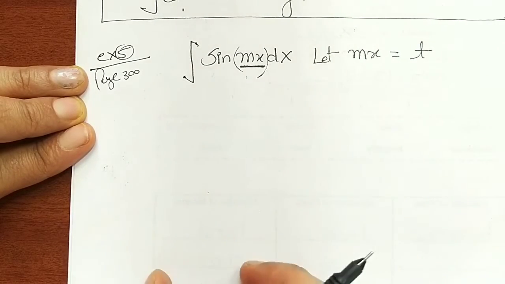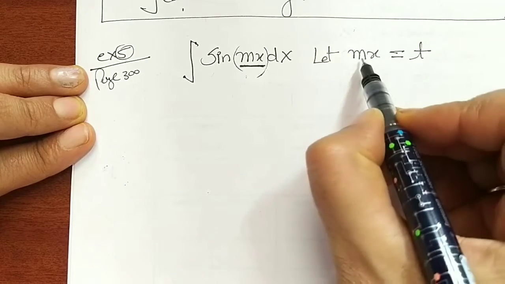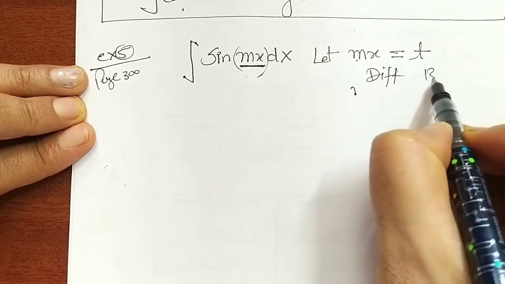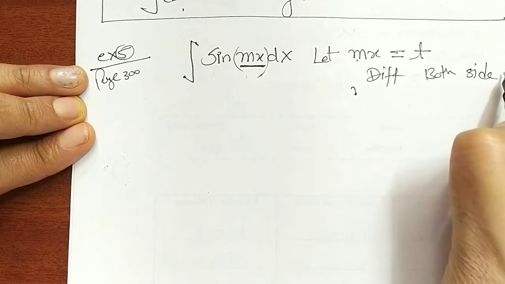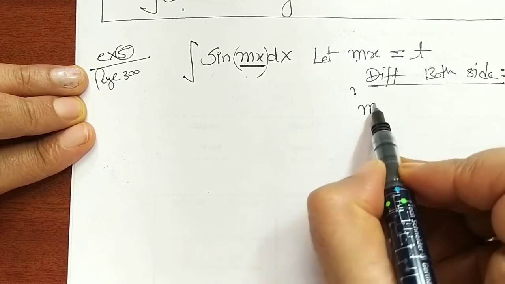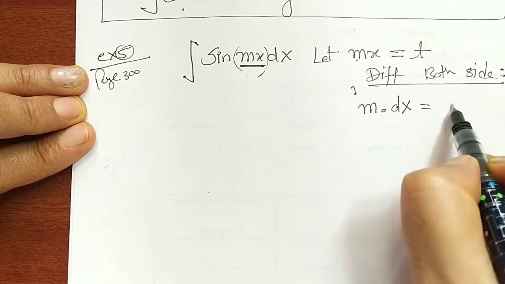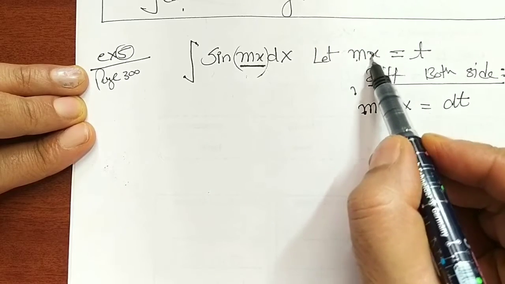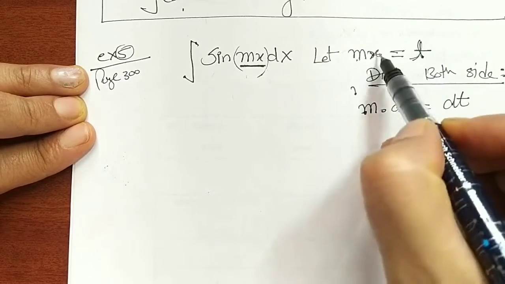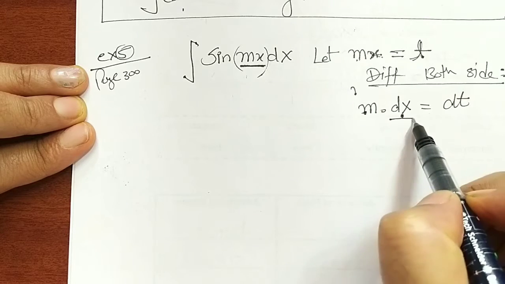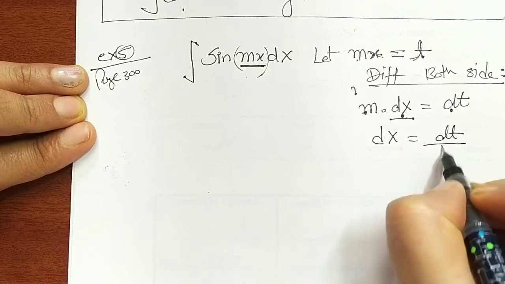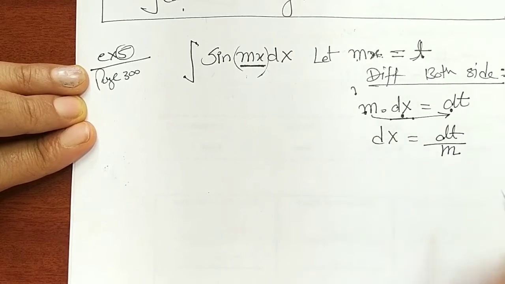It will be more clear with the next example, the method of substitution. So just hang on. So mx is t. Can I differentiate both sides? Whatever we assume, the second step is to differentiate. So it will be m dx is dt, m as it is, and derivative of x with respect to t will be dx by dt, and I am writing only dx here and dt on the other side. So can I write dx is dt by m? Understood? M is going to the other side.